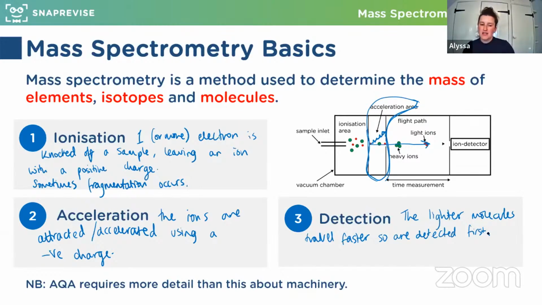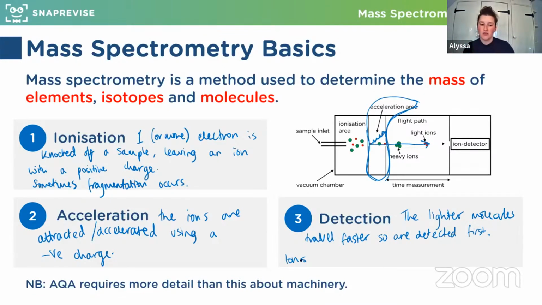And how are they detected? How are ions detected in an ion detector? Does anybody know? Because they are charged particles, they can gain an electron, which causes a movement of electrons, which is current.